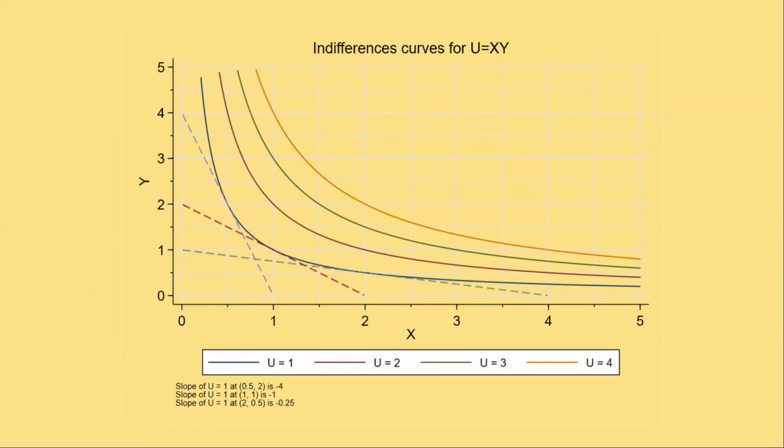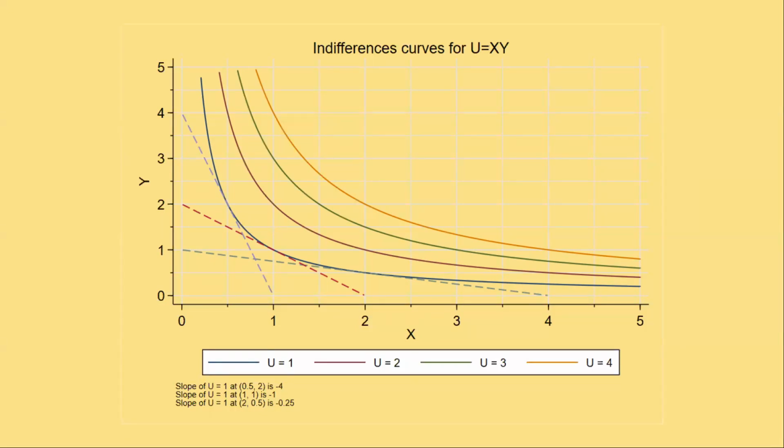We are showing 4 indifference curves: u equals 1, u equals 2, u equals 3, and u equals 4. We can see that they are not parallel to each other. The one with the lower level of utility is closer to the origin, and the one with higher utility is further away from the origin.